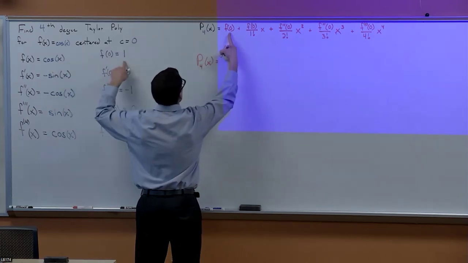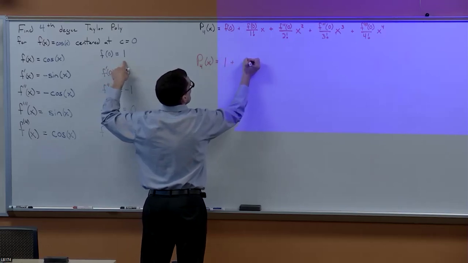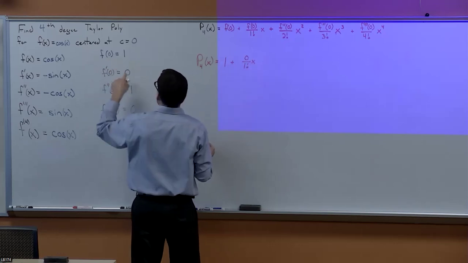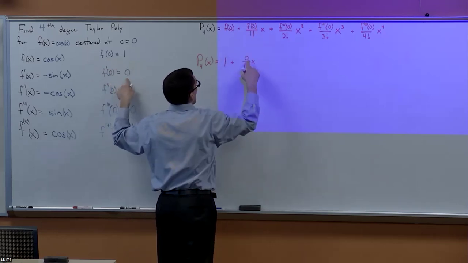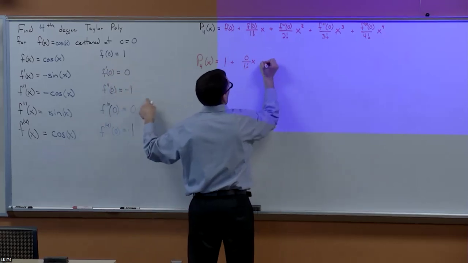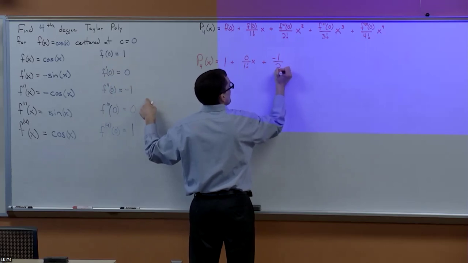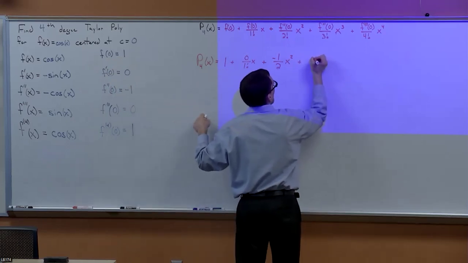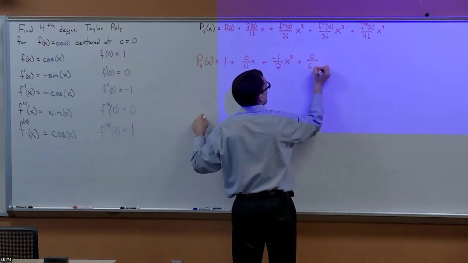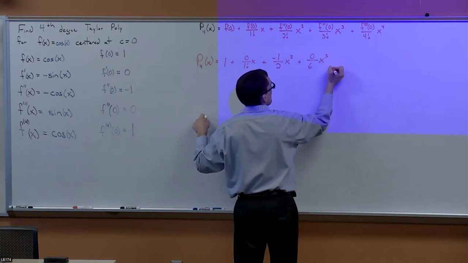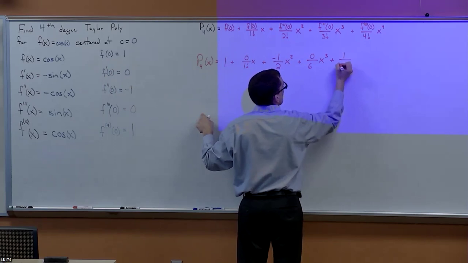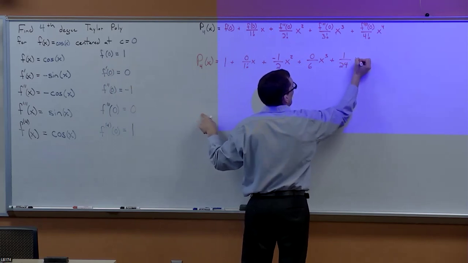f of 0 is 1. Then I get 0 over 1 factorial times x, plus negative 1 over 2 factorial times x squared, plus 0 over 3 factorial times x to the third, plus 1 over 4 factorial x to the fourth.